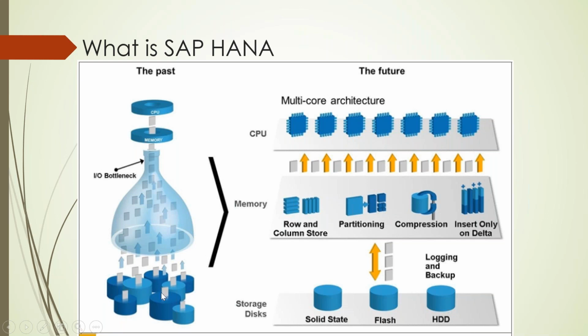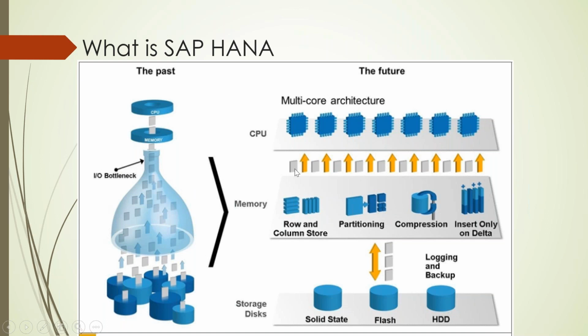Whenever a user requests or accesses the data, that data is loaded into the memory, and the memory is not enough to store all the data in the traditional database. And here we have the bottleneck between disk and memory. This is the bottleneck in the traditional database.